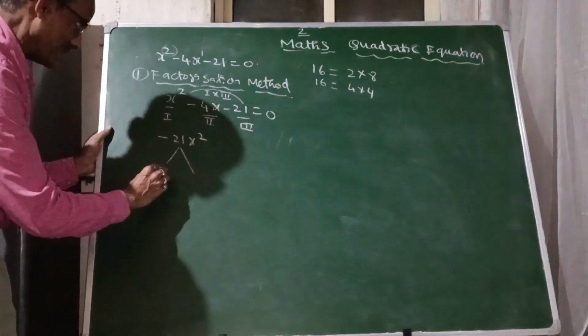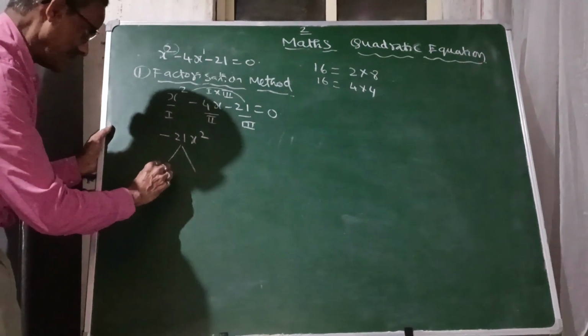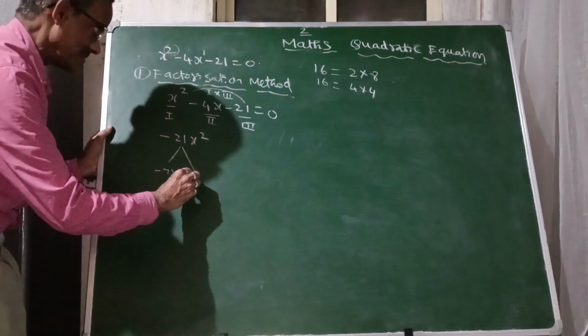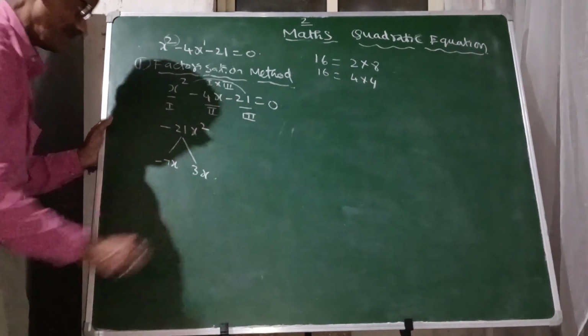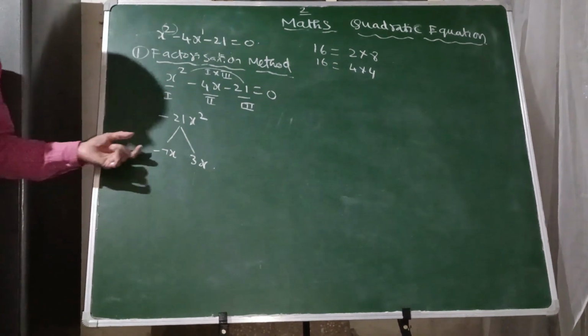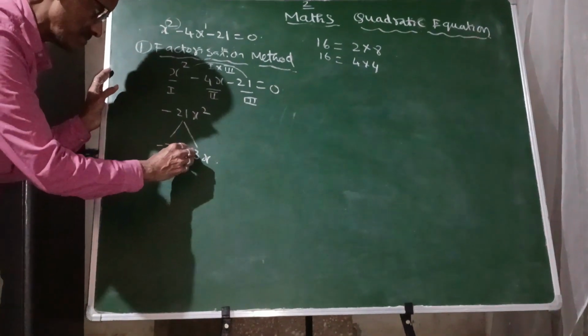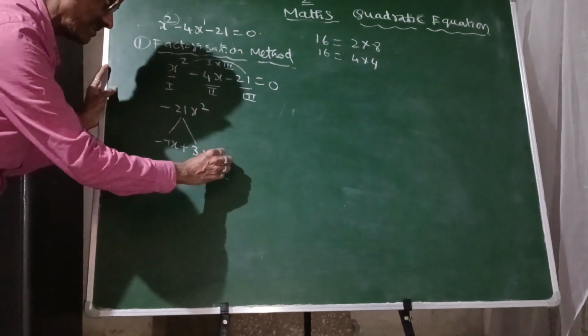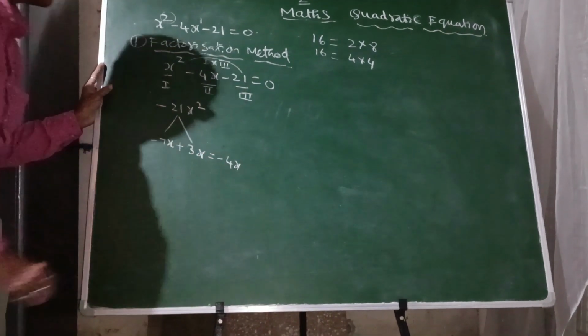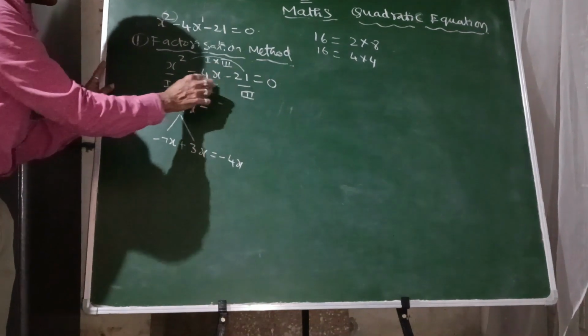Okay, now I will write one as minus 7x and the other as plus 3x. If you check, if I add minus 7x plus 3x, what answer will you get? Minus 4x, yes or no?